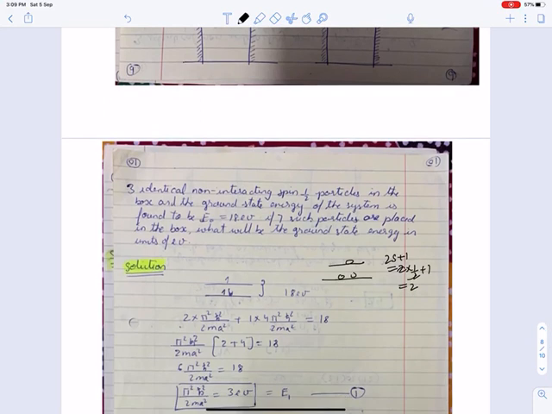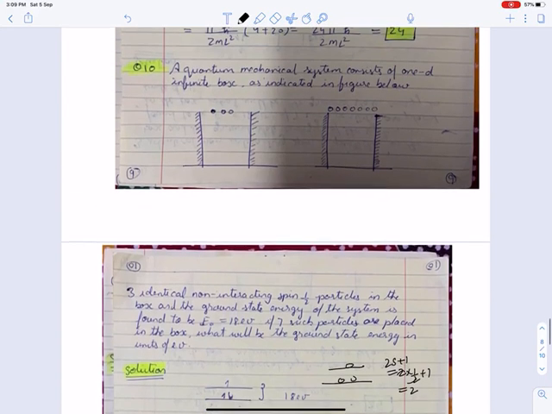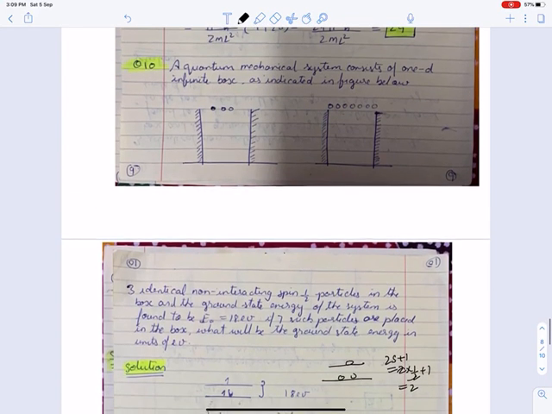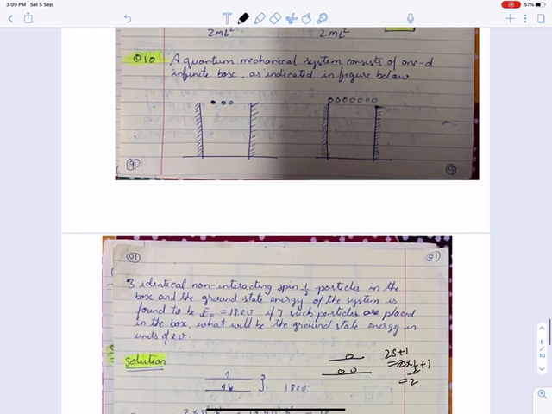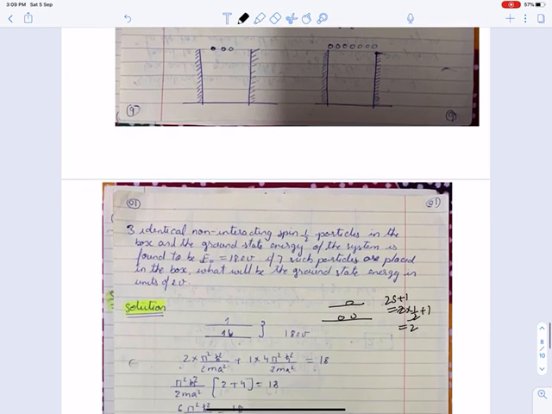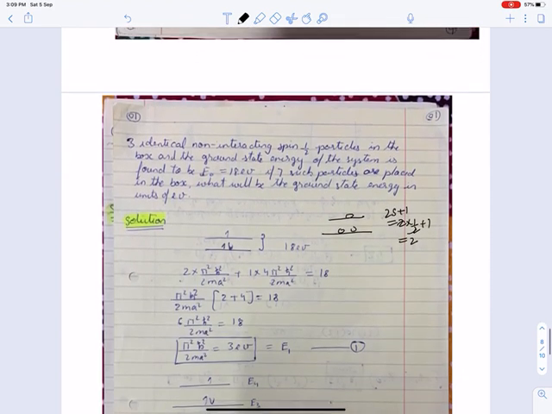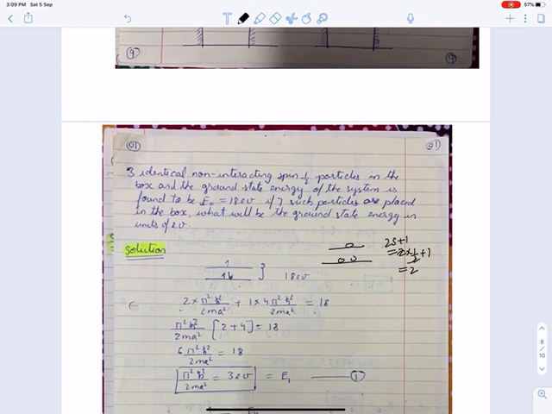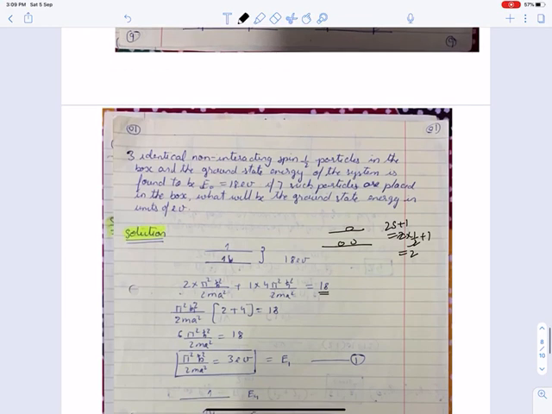It is given that the ground state energy of the system is found to be 18 electron volt. So the total is given as 18, and you need not calculate it. What you have to calculate from this is the value of pi square h cut square by 2m square, which we will ultimately put in when we do it for 7.